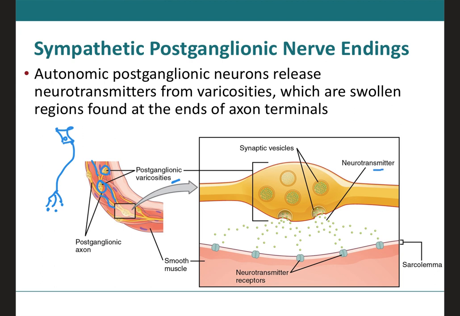So you can see the neurotransmitters. In this case, because we're talking about the sympathetic nervous system, this will be the norepinephrine that's being released onto the target organ, or in this case, the smooth muscle of the organ, as we can see over here. Norepinephrine is going to be released from these varicosities, and it will bind to specific receptors that are located on the sarcolemma of the smooth muscle.